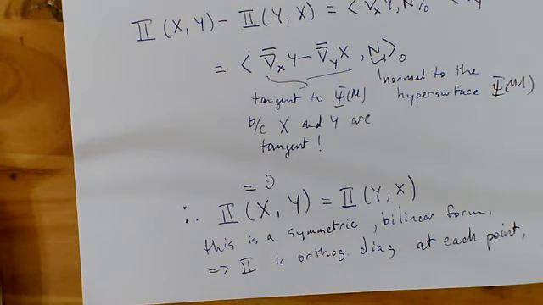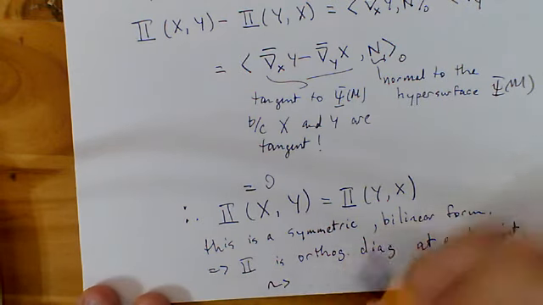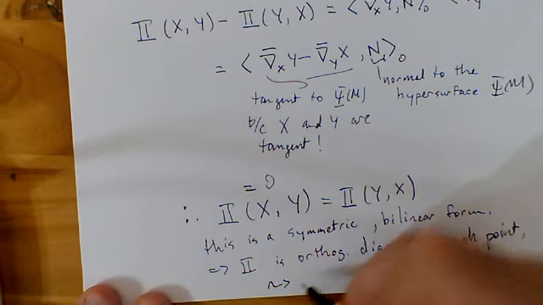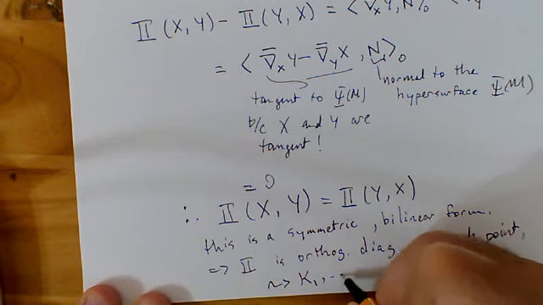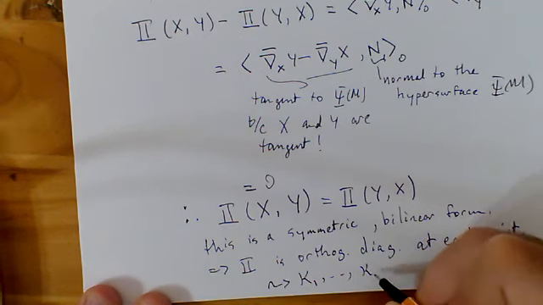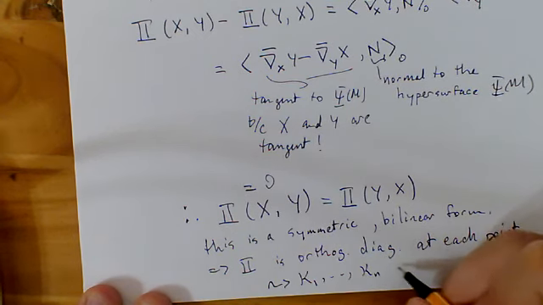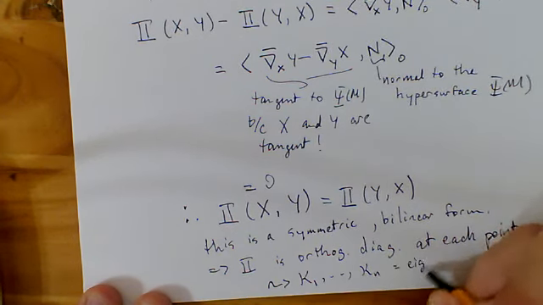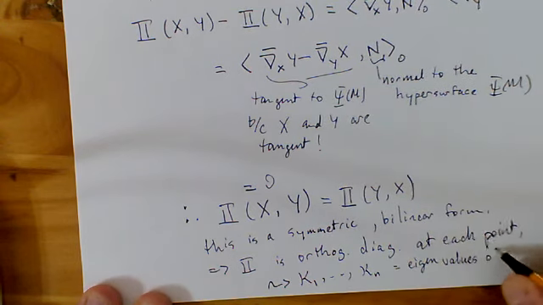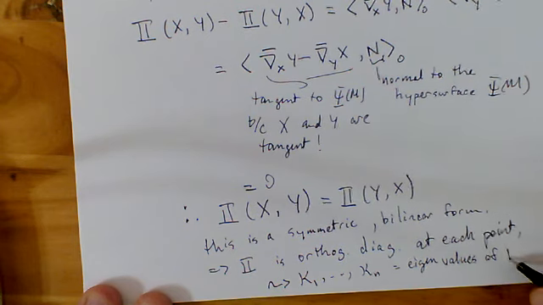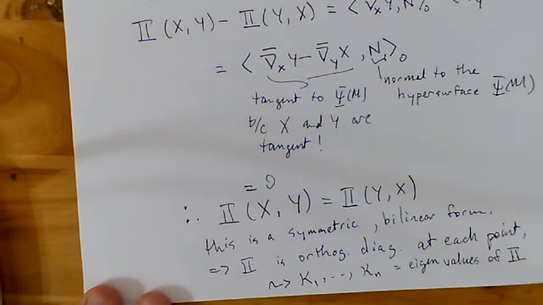And when I diagonalize this bilinear form, I obtain eigenvalues, of course, at a base point.